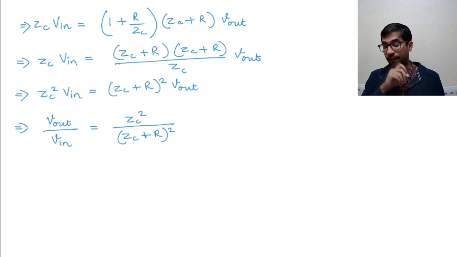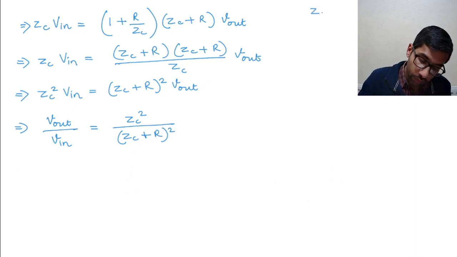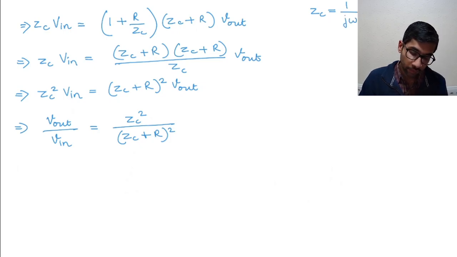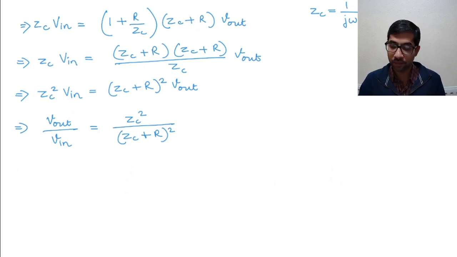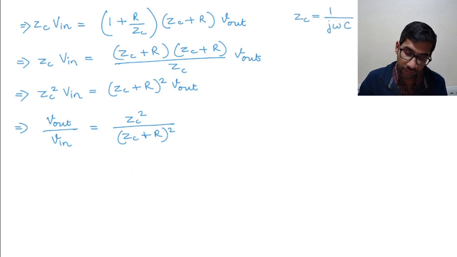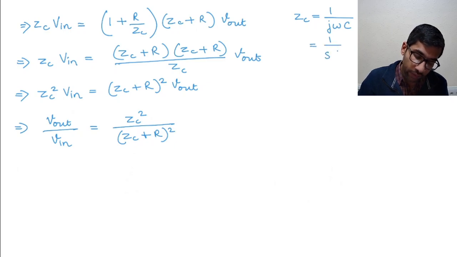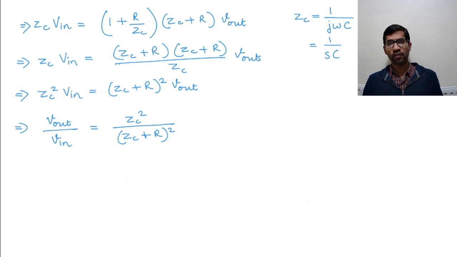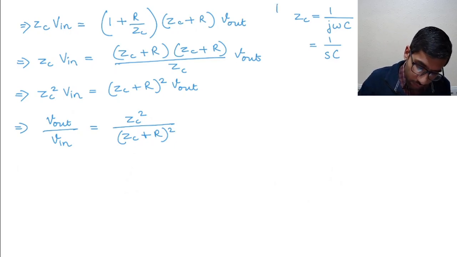Now what is Zc? Now you know that the impedance of the capacitors is given by 1 over j omega C. Just to simplify and not bring the j omega terms into the equation for a moment, instead of j omega we'll write s. Okay, and if you have studied Laplace transform, s is the Laplace variable, but even if you don't know anything about Laplace transform, that's fine.